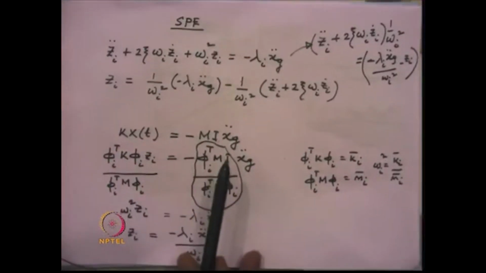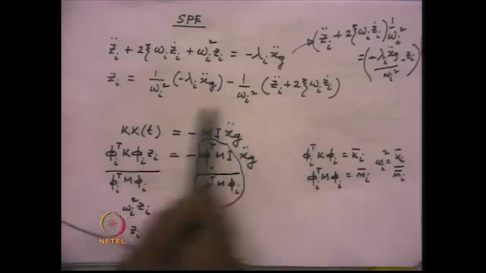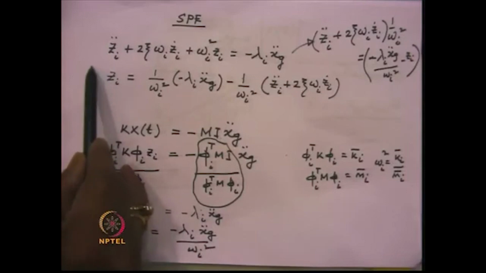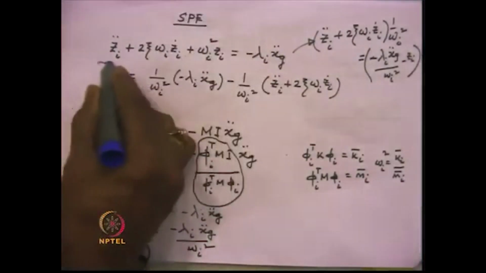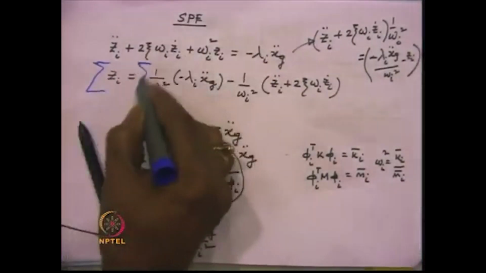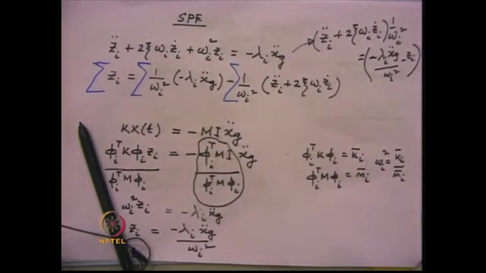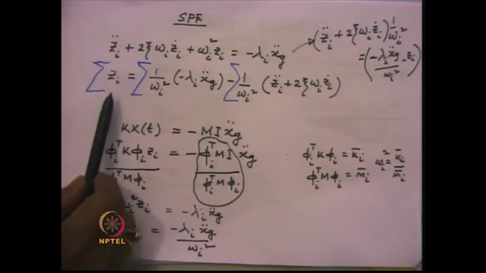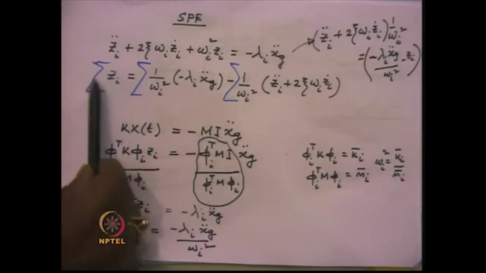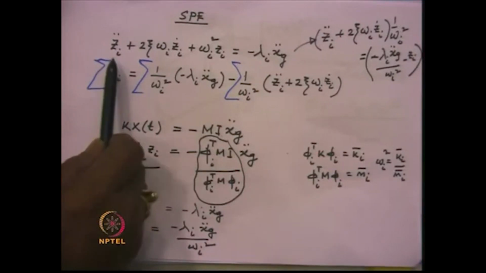Now, we can have the summation of phi I z I over all the modes. This summation can be written like this, that is the summation of these z I multiplied by phi I, which gives the true response of the quantities, provided we take the contribution of all the modes.